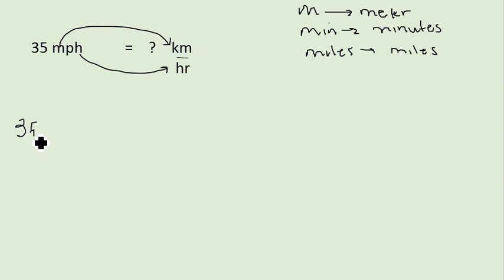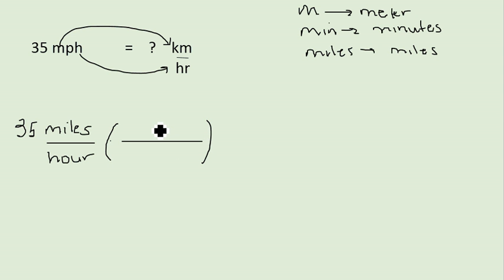So when you do this, I would rewrite it as 35 miles, right, per hour. And then you can see what you're already going to have is hours are already in the bottom. You don't have to do any conversion. You have to convert the miles to kilometers. If you look in your conversion chart, you want to go from miles to kilometers.